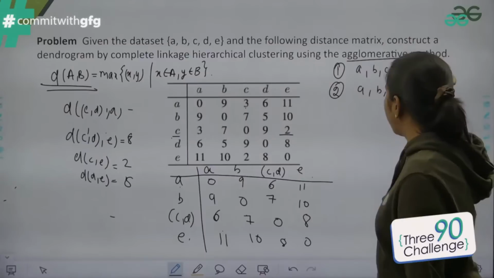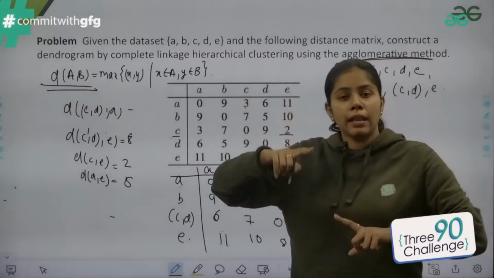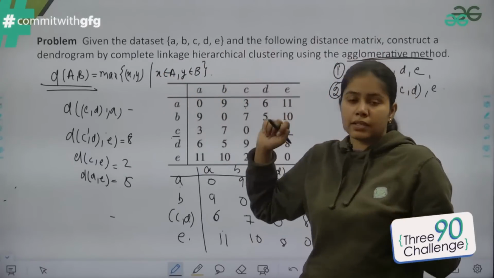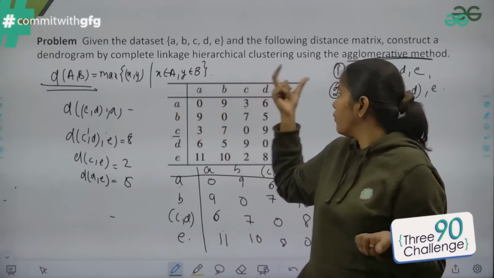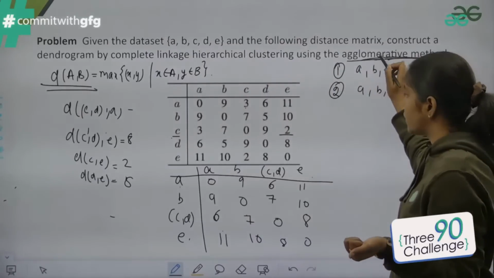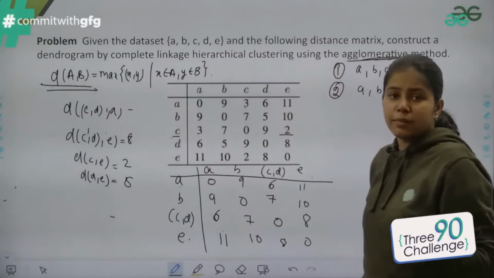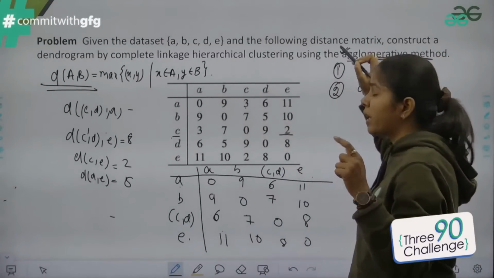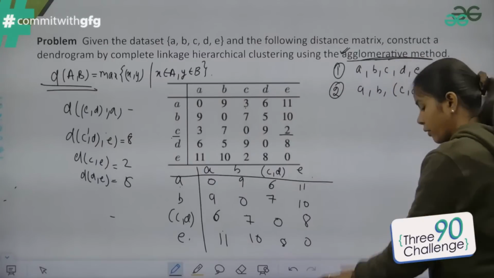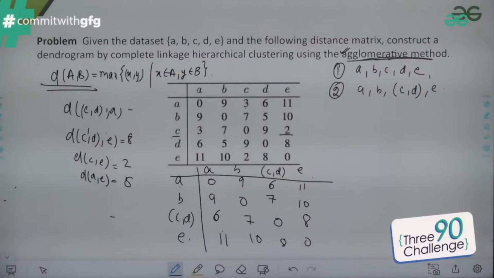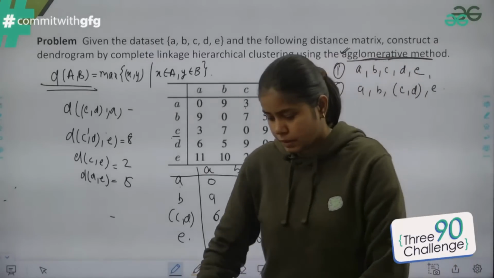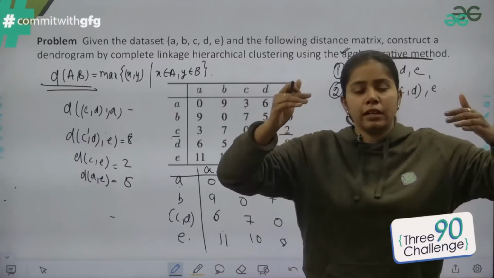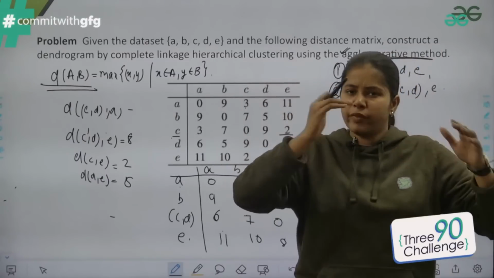Okay, the agglomerative method: if I use complete linkage hierarchical clustering, then we'll say agglomerative clustering is when I take the maximum distance. Right? So we have two types of clustering: agglomerative and divisive. In agglomerative, we start with 5 single clusters and then, moving in an upward direction, we combine them.